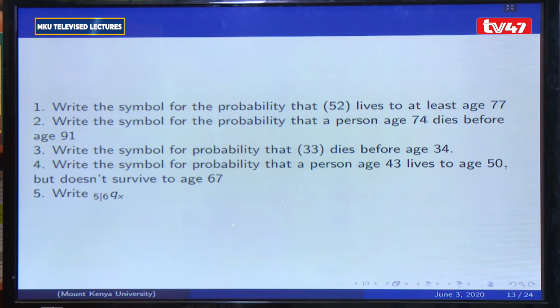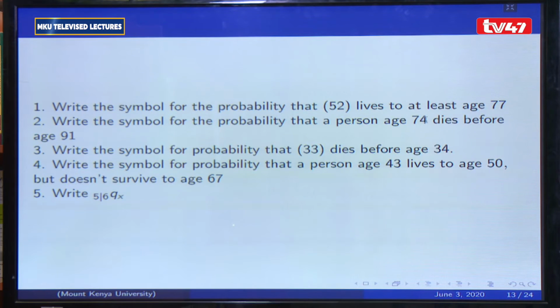So for an exercise, we can try and answer the following questions. Write the symbol for the probability that arrive age 52, write the symbol for the probability that 52 lives to at least 77 years.